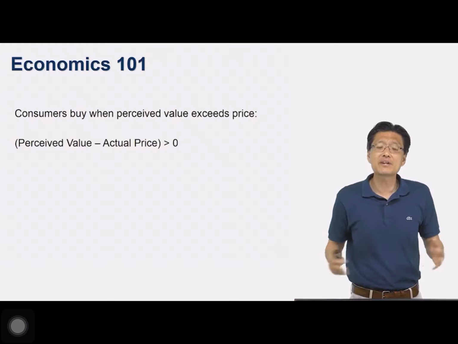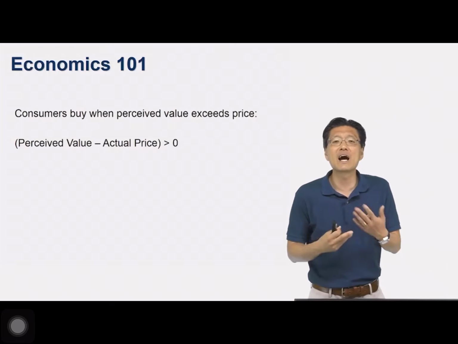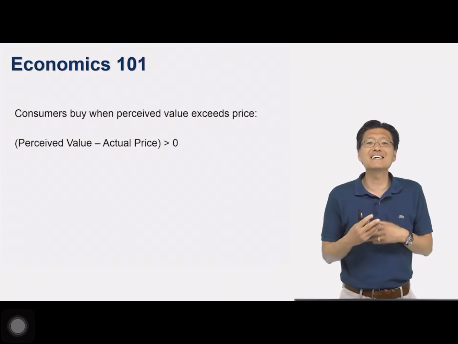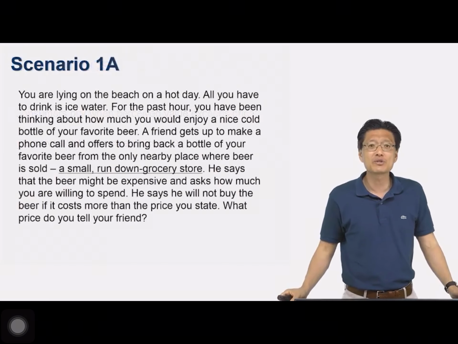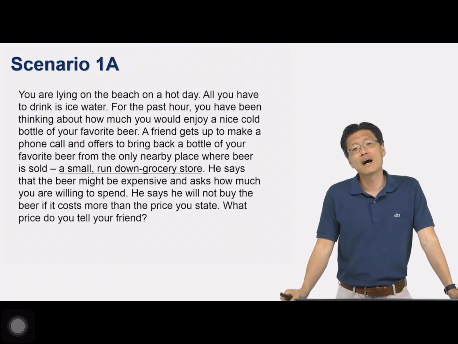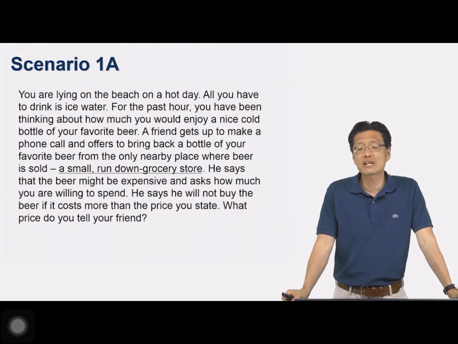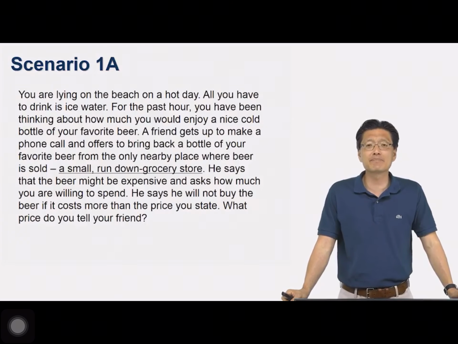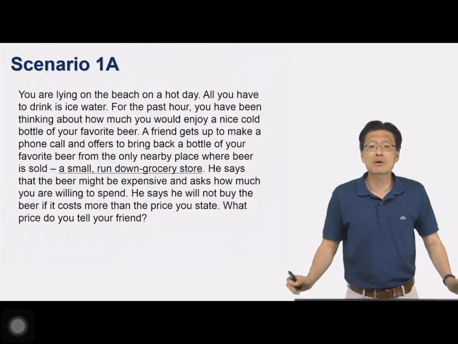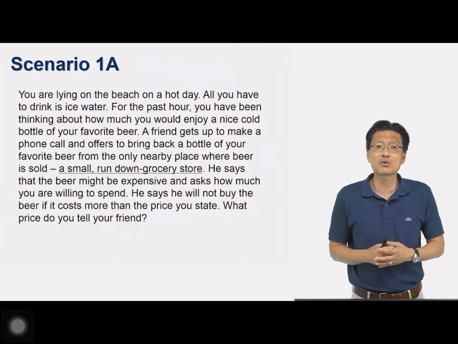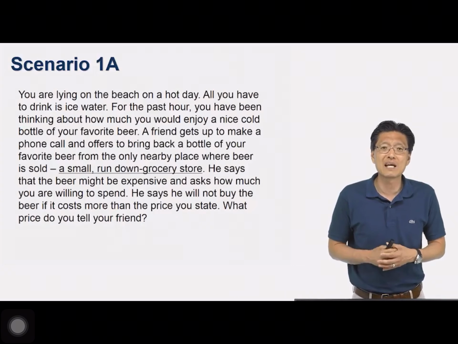So this underlines an economic incentive for customers to buy. However, as we will show you, customers are not just influenced by economic incentives or economic utility. They are also heavily influenced and impacted by psychological utility. So my purpose in this session is to show you a lot of examples, a lot of scenarios.